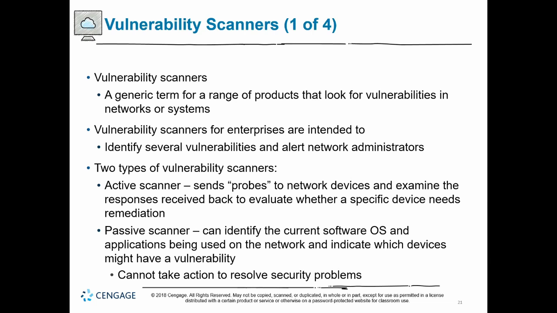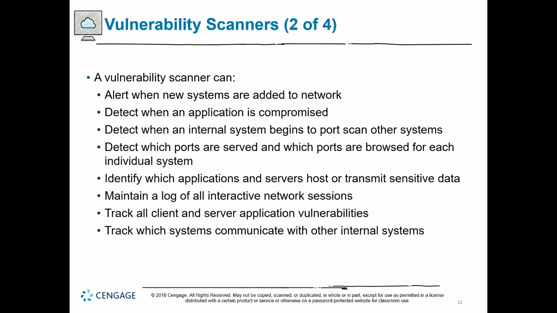So a passive scan is more evasive, right? It's more hidden because you're not directly interacting back and forth with what you're scanning. And it cannot take action to resolve security problems because it's trying to hide, be evasive.